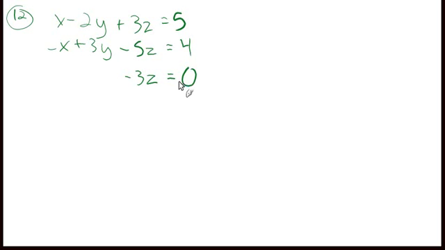Making sure I got that correct. Okay. So now we're not doing anything fancy, we're just doing the operations that they tell us to do. And that is to add -2 times equation 1 to equation 3.